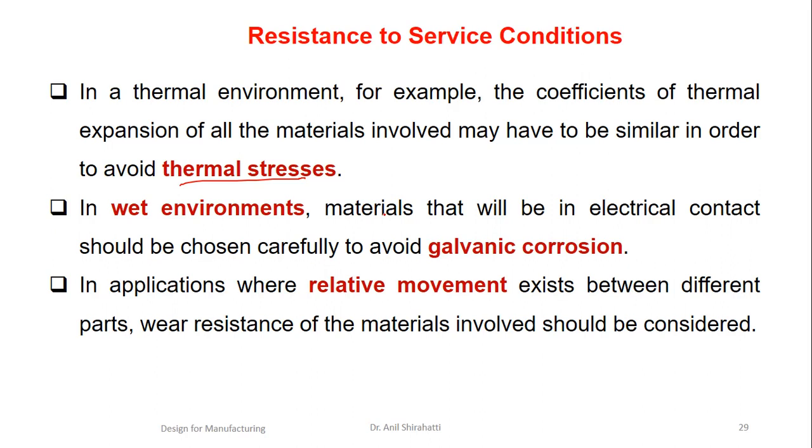In application where relative movement exists between different parts, the wear resistance of material involved should be considered. For example, if I am using a material which can easily wear out, we have to see that all the components should have the same or better wear property compared to whatever the wear is happening in the complete component.